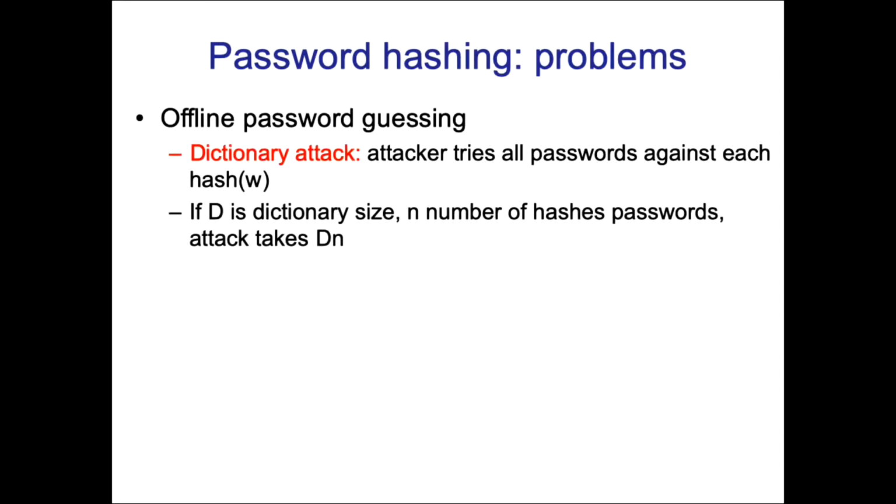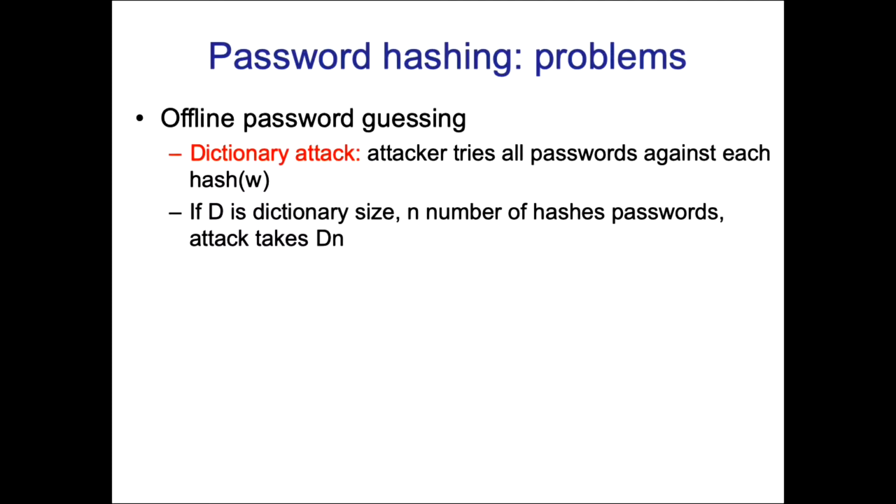So this is an offline password guessing attack, called a dictionary attack. A dictionary attack is whenever you try all the possibilities in a dictionary. Let's say we have an English dictionary of size D, and n is the number of hashes of passwords.